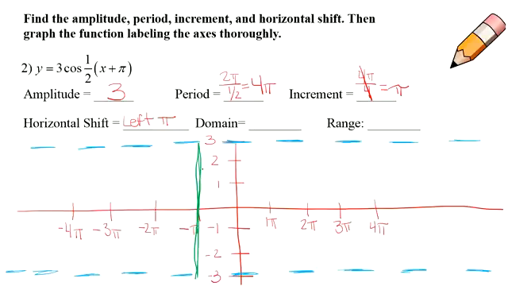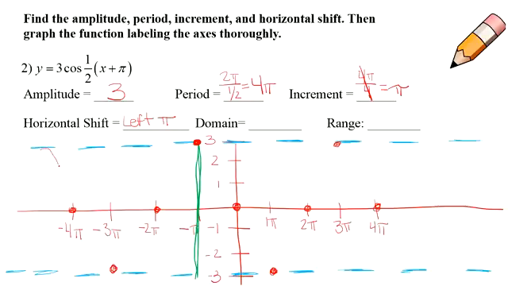Now it is a cosine. So cosine, remember guys, starts all the way at the top, and then it looks like I'm going to cross over right here, bounce down here, cross over, bounce, cross over, same thing over here, cross over, bounce, cross over.